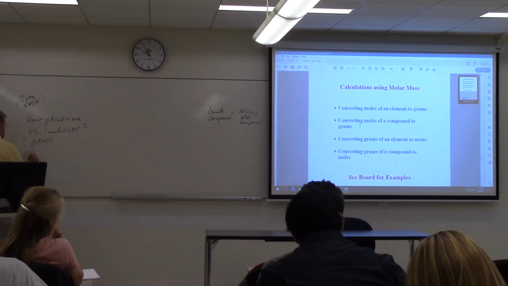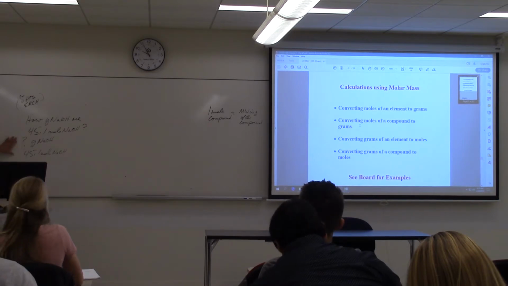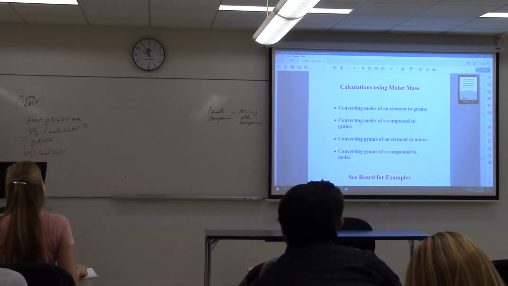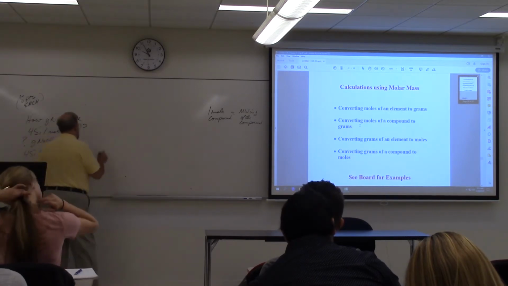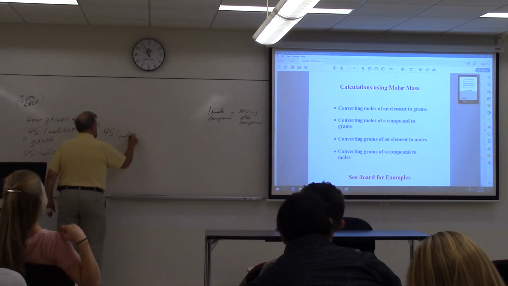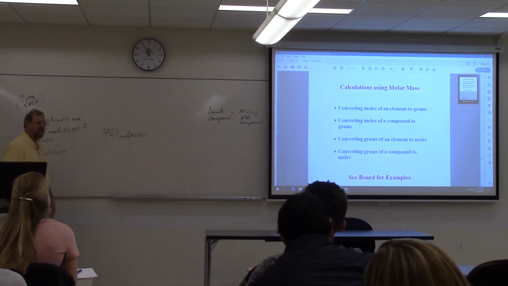One number. And now, once I have this, I never have to look back here because this tells me everything I need to know. There's only one number I have to start with, and that's this. How many moles of sodium hydroxide?